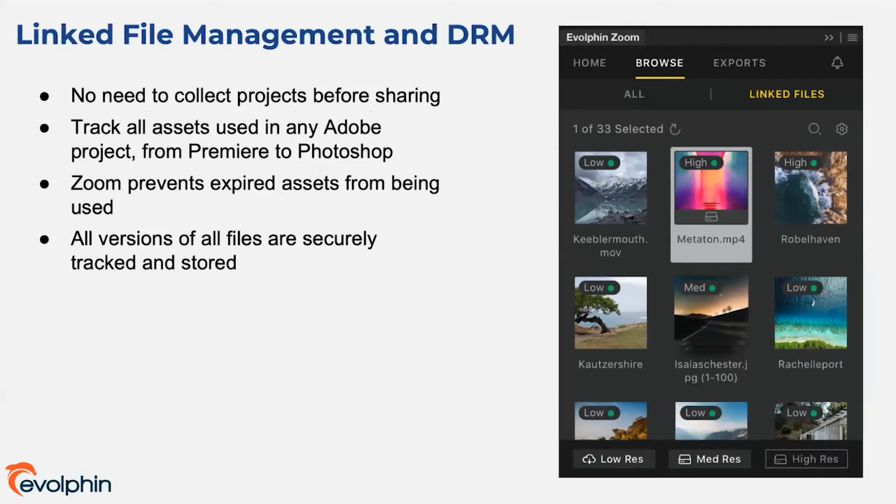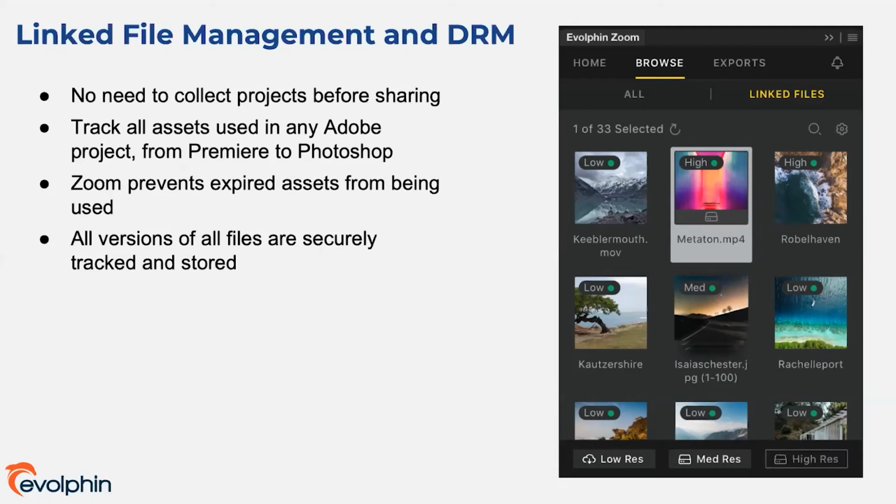And what that means is it helps you in a few ways. Number one, if you need to share the project with other people, you don't need to collect the project first. Your coworker can just check out the project with the links, which is a feature in Evolphin Zoom, which will then get that coworker all of the linked files that they need to do the project. So you don't have to worry about it. Zoom takes care of it for them.